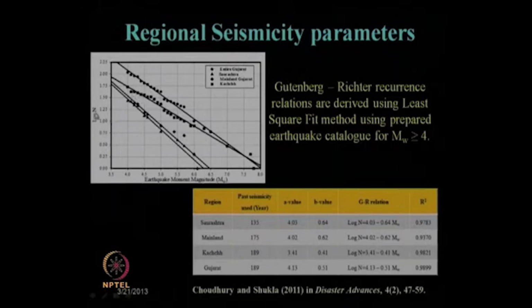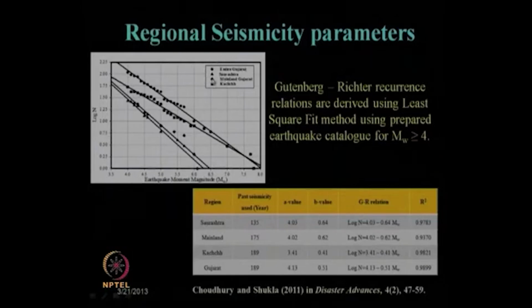In the log scale, the N value is the number of occurrences of that magnitude of earthquake, and we have subdivided that into 3 regions, that is Kutch region, Saurashtra region and mainland Gujarat, and then we have found it out for entire Gujarat also by summing them up.